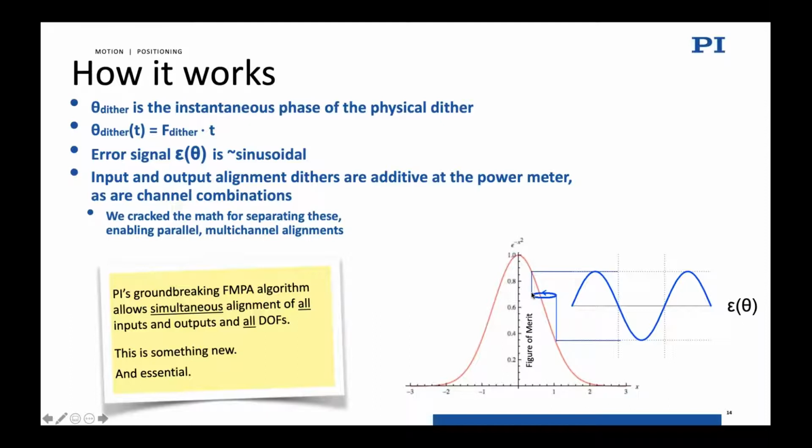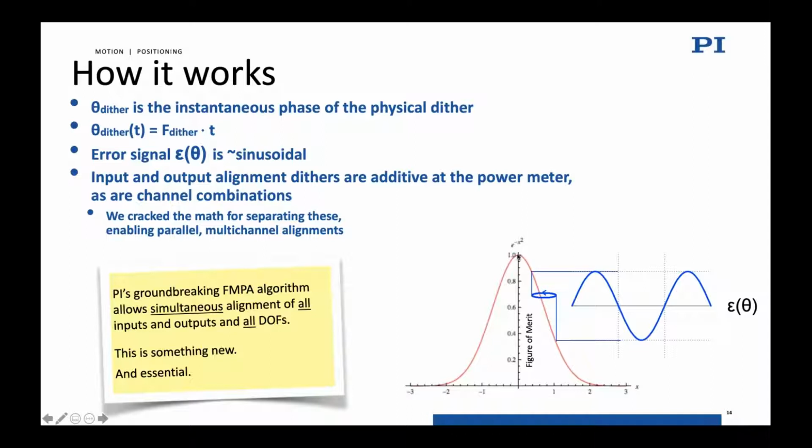But you'll notice that at this position in the dither, I'm assuming you can see my cursor here, we have this much optical power or this much figure of merit. At this point over here, we have this much. So as we go around the circle, we modulate as the dither proceeds. This is a continuous process. It happens in real time. And from this information, we can determine which way is up.